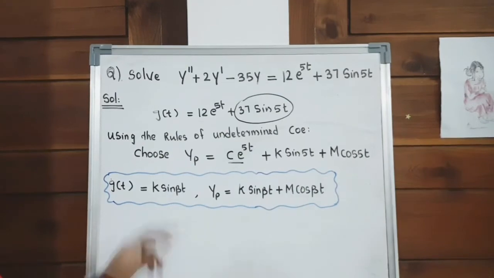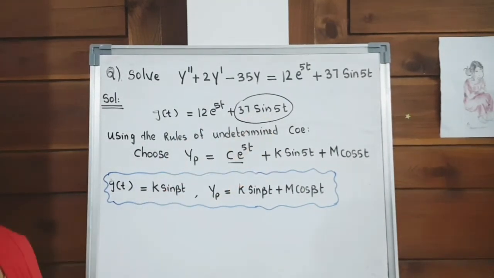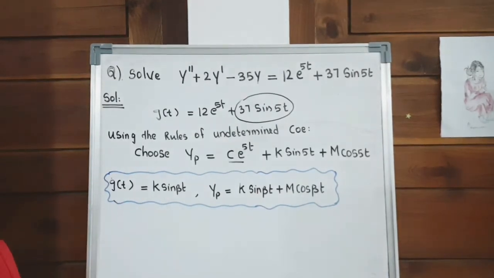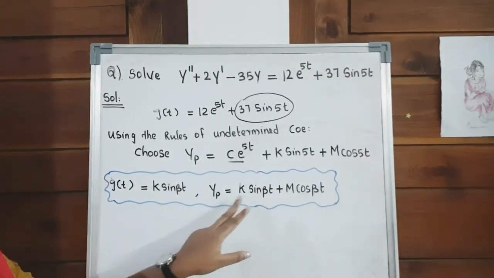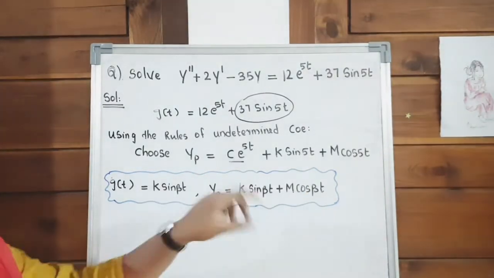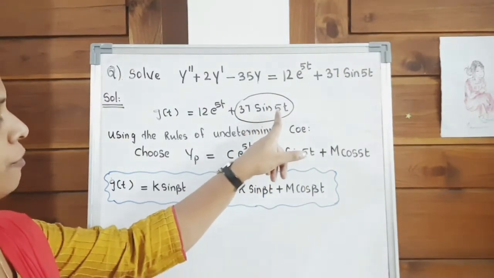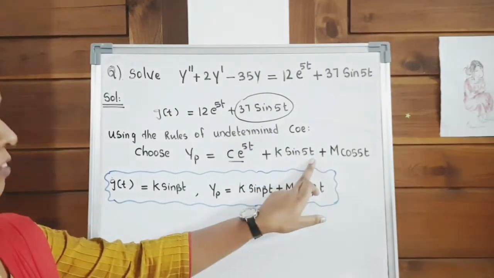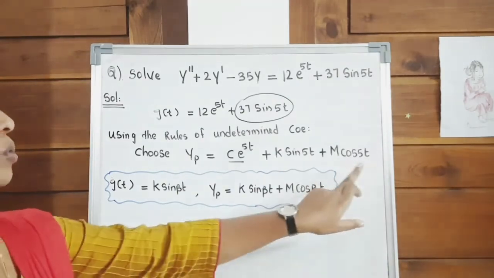Next we consider the term 37 sin 5t. If g(t) is of the form k sin βt, then yp is of the form k sin βt + m cos βt. So we write here, for 37 sin 5t, k sin 5t + m cos 5t.